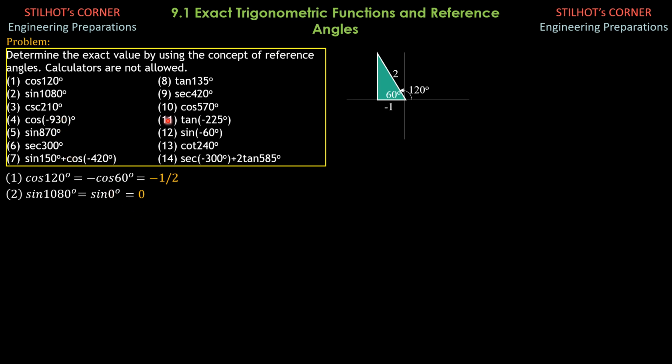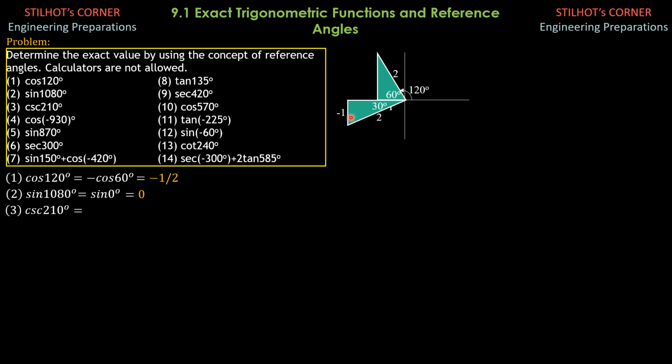Next is cosecant of 210 degrees. 210 degrees is 180 plus 30, so the reference angle is 30 degrees. We form a triangle here with reference angle 30 degrees, and we learned that the part opposite to 30 is 1. But this terminal side of 210 degrees falls in the third quadrant where both x and y are negative, so y is negative: negative 1, negative square root of 3, hypotenuse 2.